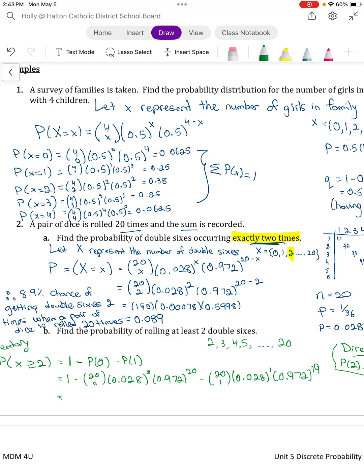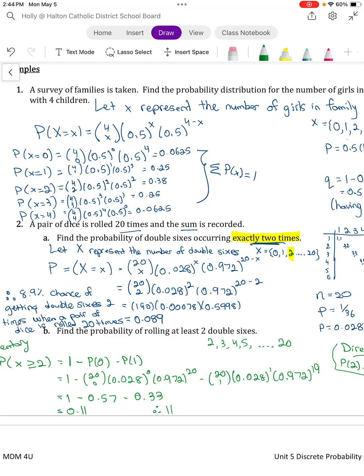We only do 2. So we have 1 minus 0.57. And think about 20 choose 0 is 1. 0.028 to the exponent of 0 is 1. So you just have to find that bracket there. Minus 0.33. And that gives us 0.11.